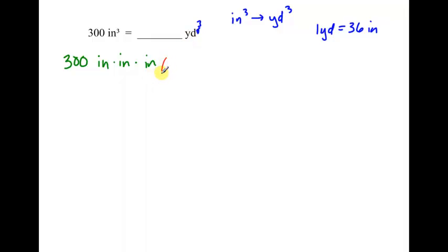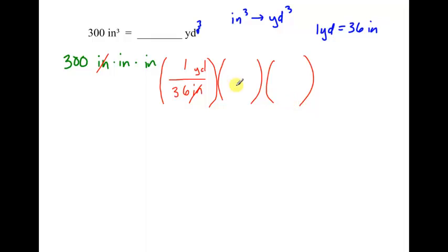Here we go. Okay, so to get rid of the first inch, I put it on the bottom with a yard on the top. 36 inches makes a yard, and that cancels out my first inch. But I need them all to cancel, so I'm just going to repeat the same thing 3 times. 36 inches, 1 yard, and 36 inches, 1 yard.